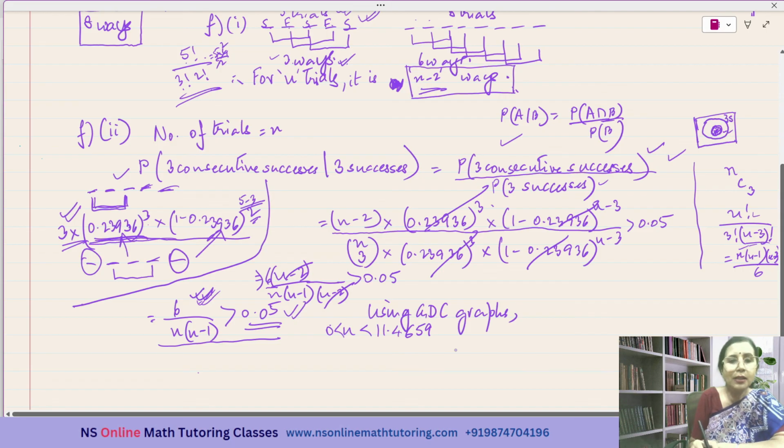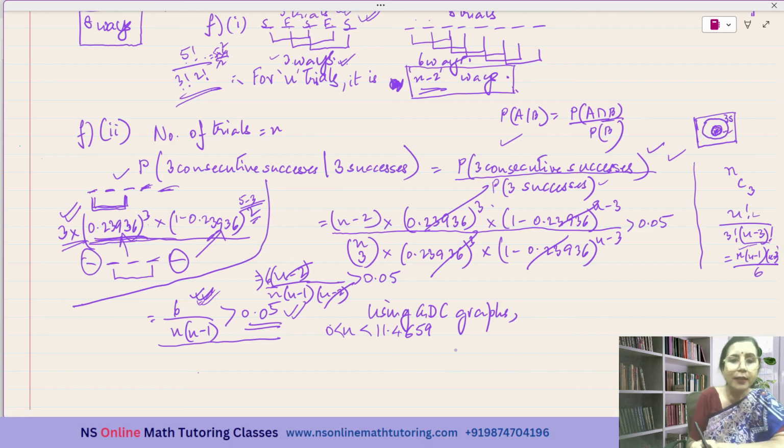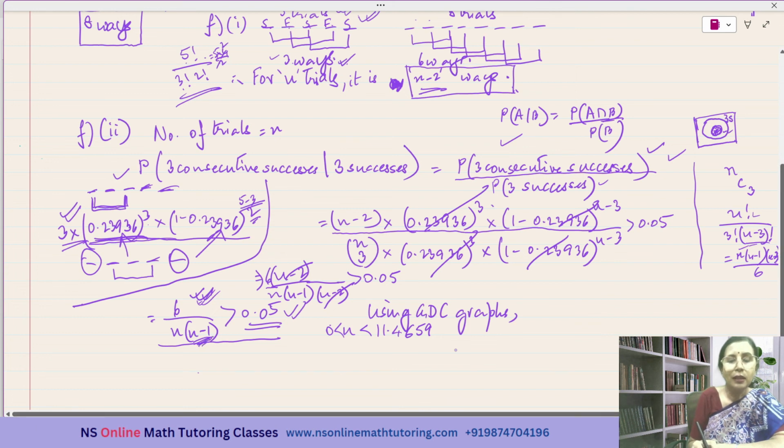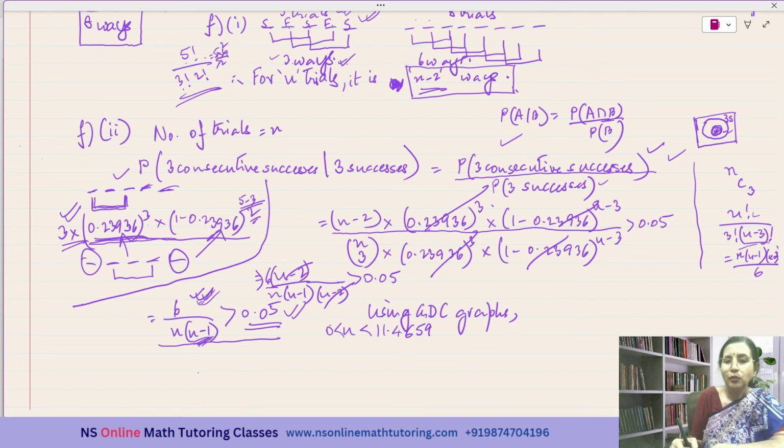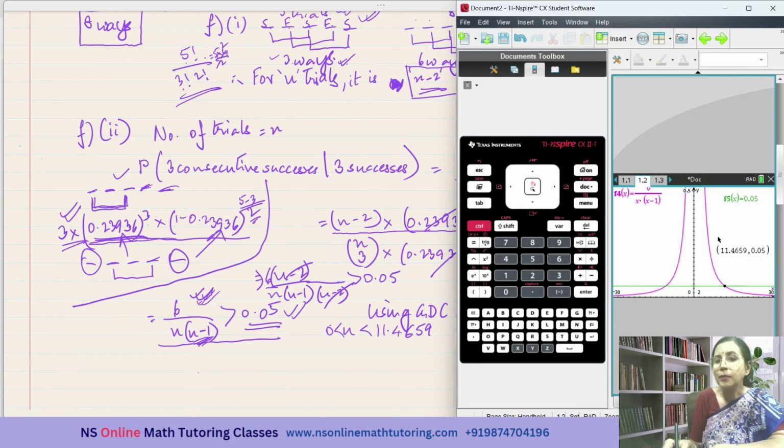It should be greater than 0 because at the y-axis, x equal to 0 is the vertical asymptote. And I'm seeing x equal to 1 is also another vertical asymptote. So we are having two vertical asymptotes. And this is the y-axis. So I'll be having x equal to 1 as another vertical asymptote.